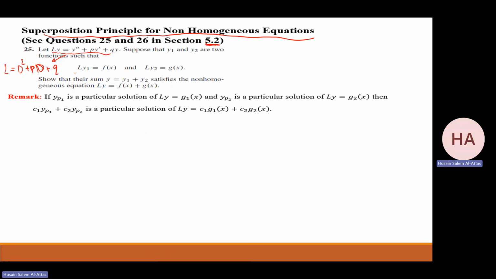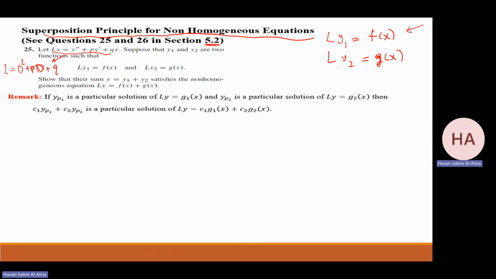Now it's easy to write it this way instead of writing the equation every time. Assume if I apply the operator on a function y1, I'm getting a function f of x. That will be my right-hand side. If I apply the same operator, which is the same differential equation, on another function y2, I'm getting g of x.